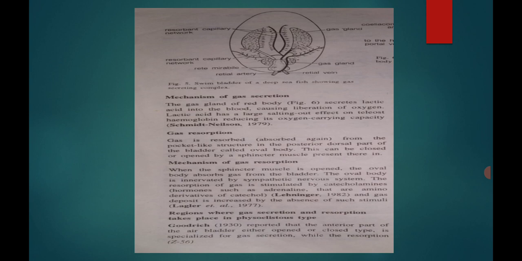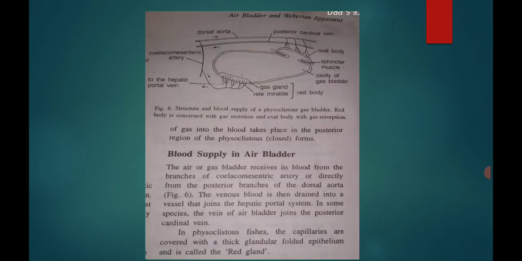Now there are regions where gas secretion and resorption occur. In the physoclistous type, it is reported that they occur in the anterior part of the air bladder, and the oval body opens in the closed type. Now this diagram shows the structure and blood supply of the physoclistous bladder, having the red body, which is concerned with gas secretion, and the oval body with its gas resorption.